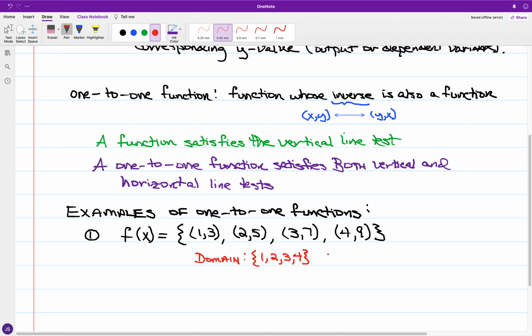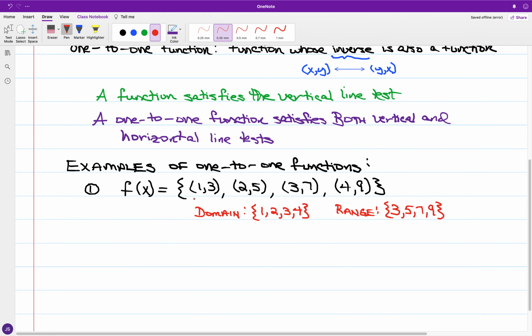And for the range, there are going to be the y values. So if I read in order from left to right, I have 3, 5, 7, and 9. Now, for this function, again, for each x value, there is only one corresponding y value.